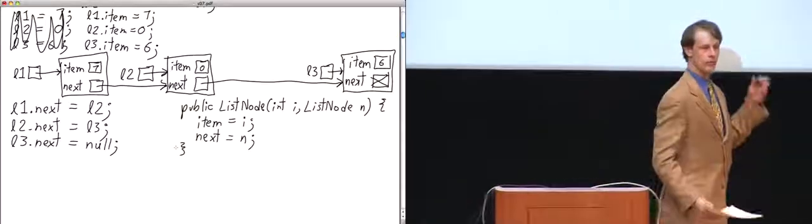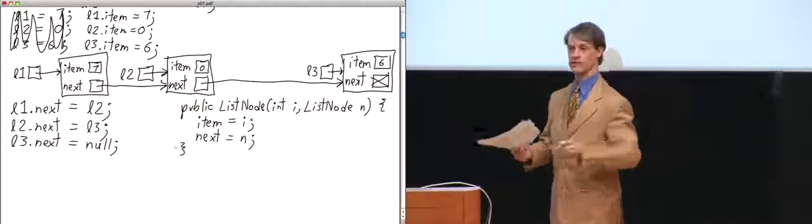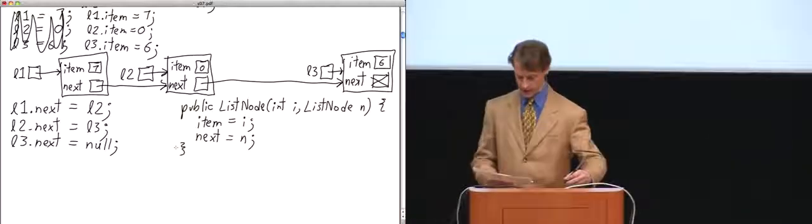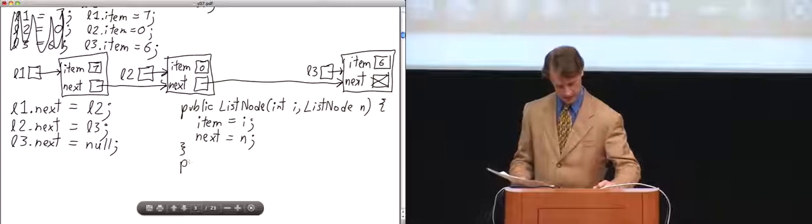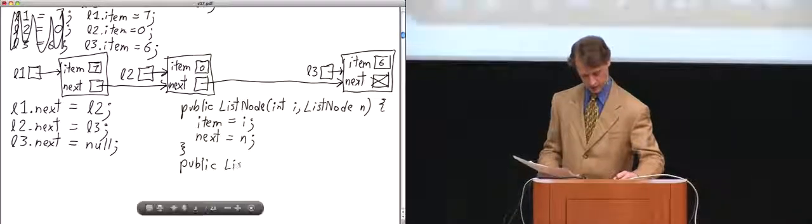Because I can use this to help me shorten the code when I'm writing big lists and putting a lot of list nodes together. And I also want to have one for the node that goes at the end of the list. So I'm going to have a special list node constructor just for the last node in the list.